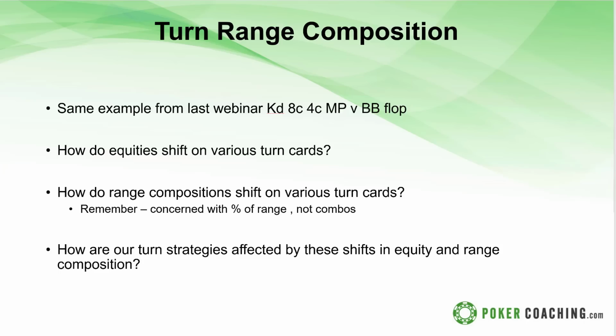We're going to do a quick 5-minute review, and then move into the turn stuff. What we're looking at is how those equities shift when different turn cards come out, and how range compositions shift on various turn cards. Remember, we're not concerned with the number of combos, but more with the percentage of the range that certain categories of hands fall into. And we're going to look at how our turn strategies are affected by these shifts in equity and range composition.